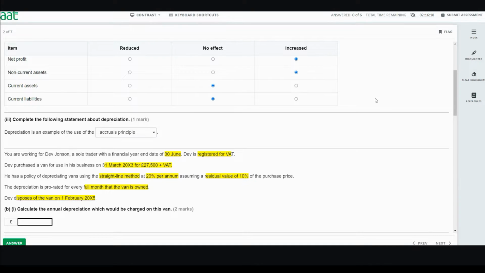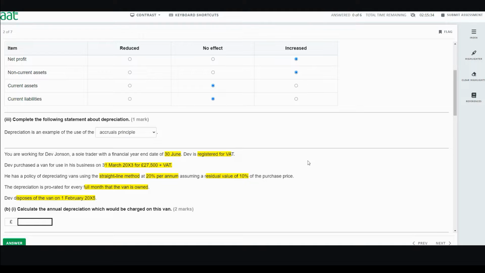Remember to calculate the depreciation using the straight line method. The calculation we need is the cost minus any residual value, times by the 20%, or if it's a number of years, divide by the number of years. So it's 27,500, take off 10%, which is 2,750, the residual value, which leaves you 24,750.